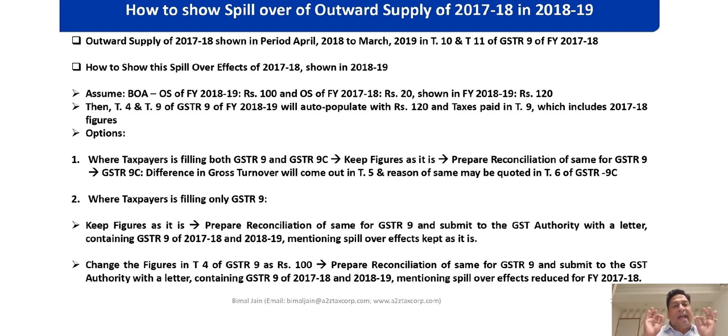Keep the figure as it is, 120 in table 4 of GSTR-9, which includes 20 rupees of 17-18.